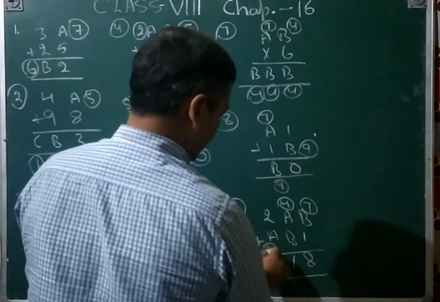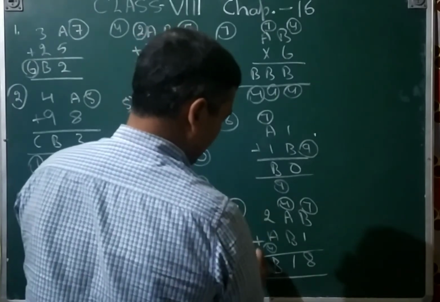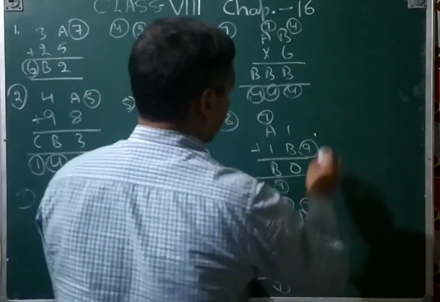That will also be 4, so 4 plus 2 is 6, plus 1 is 7. That will also be 7.